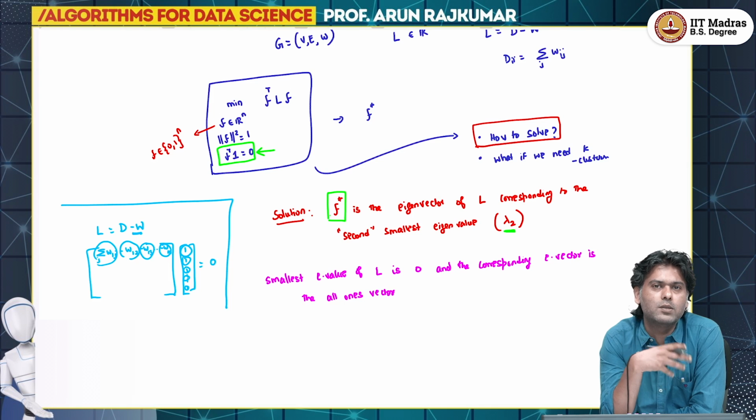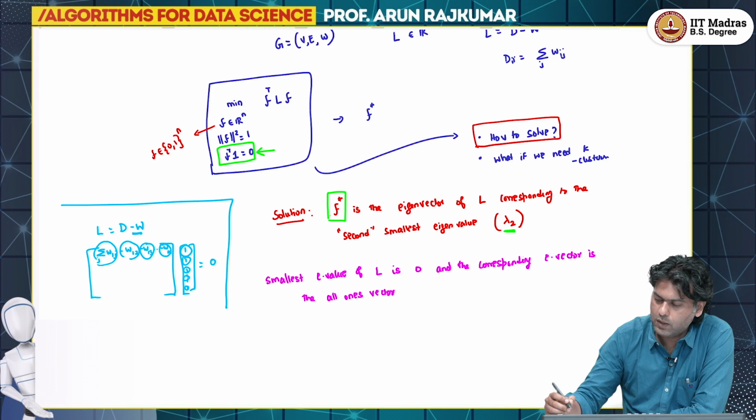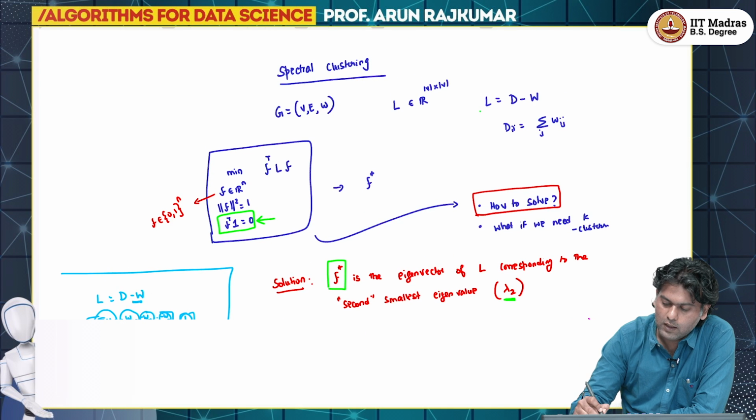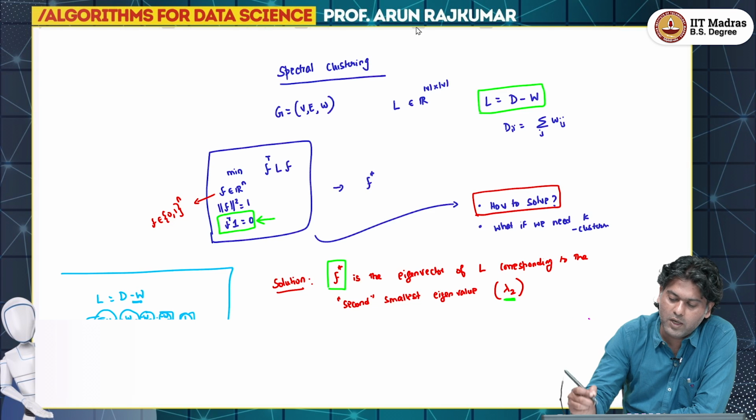This is why it's called a spectral clustering algorithm, because when I say spectral, what I mean is just the eigenvalues and eigenvectors get involved, and the matrix for which it gets involved in this case is this matrix L, which is D minus W. This matrix is important, and it has a name. It is called the Laplacian matrix.